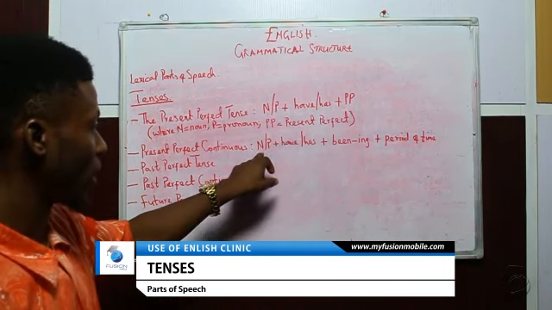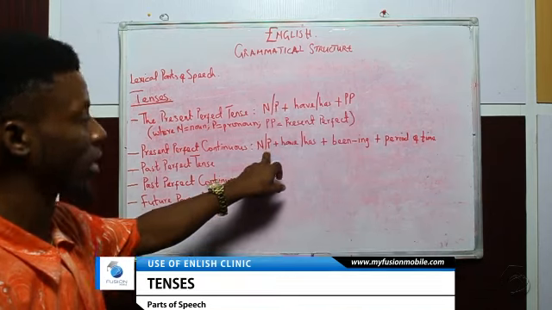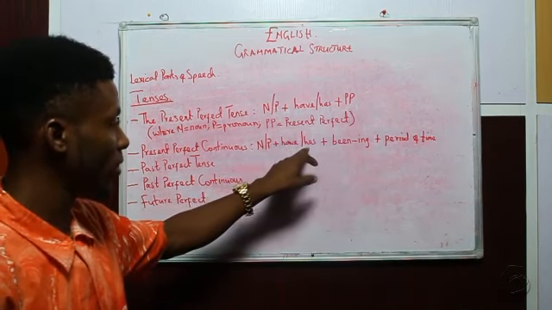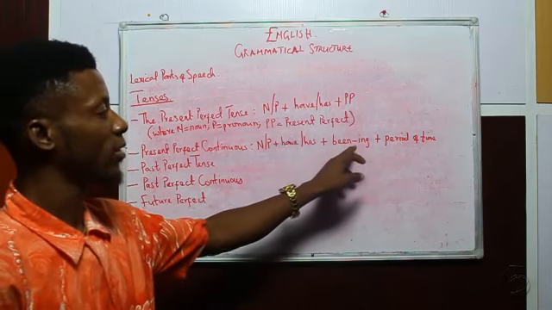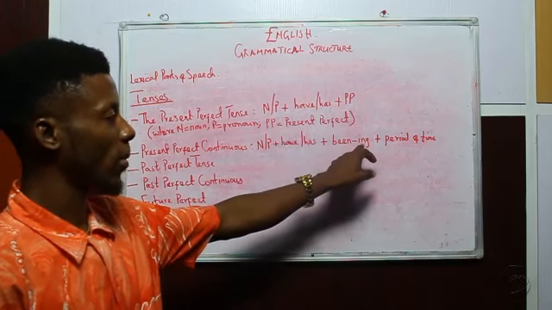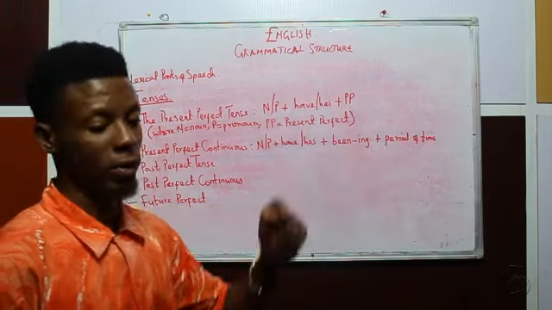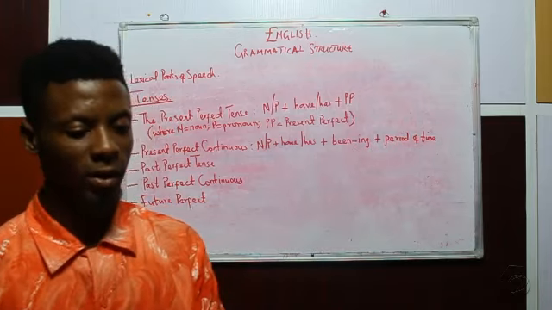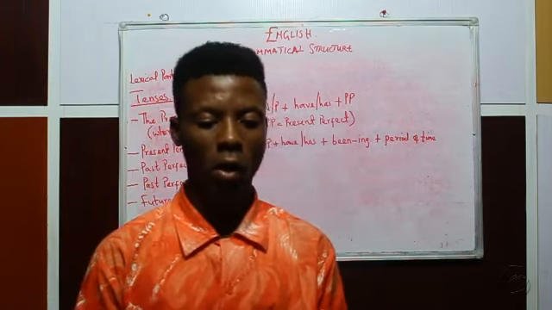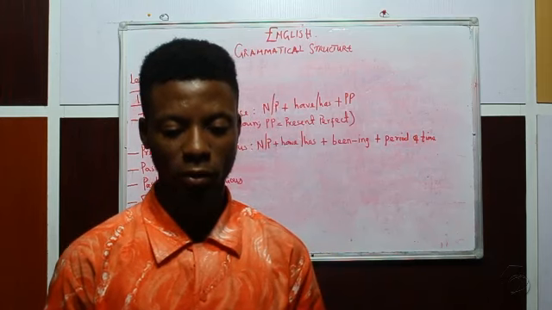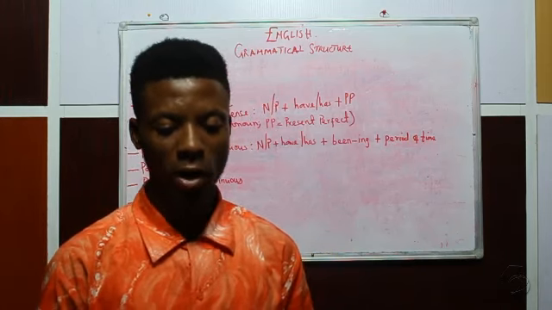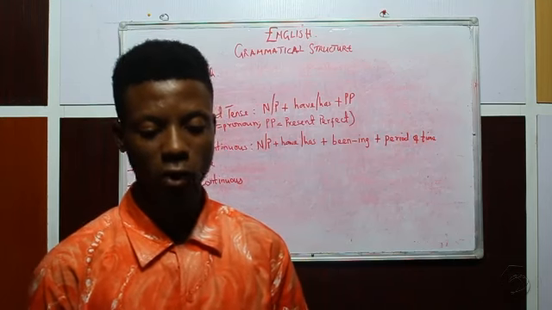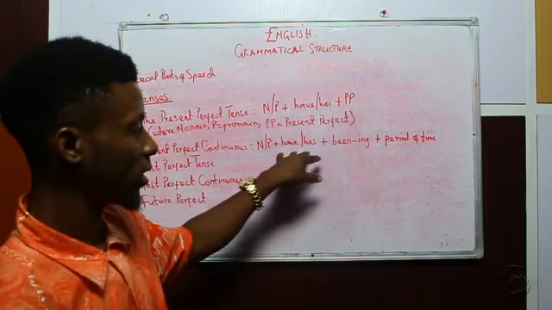We have the formula as n/p plus has/have plus been, or in the continuous form, ing, plus period of time. This tense tells or expresses an action begun in the past but which is still going on. Present perfect continuous tense uses the formula that is on the board here.